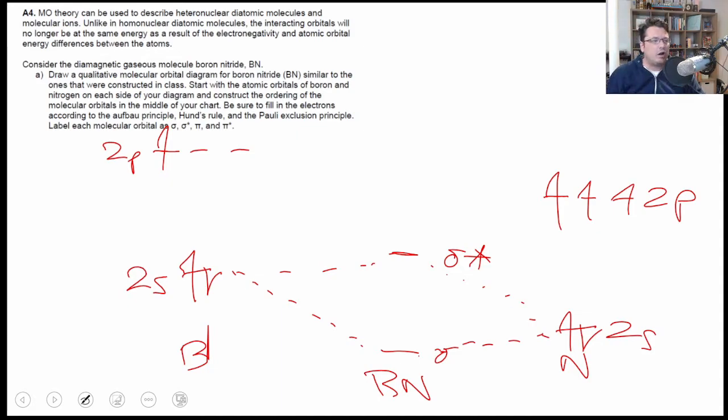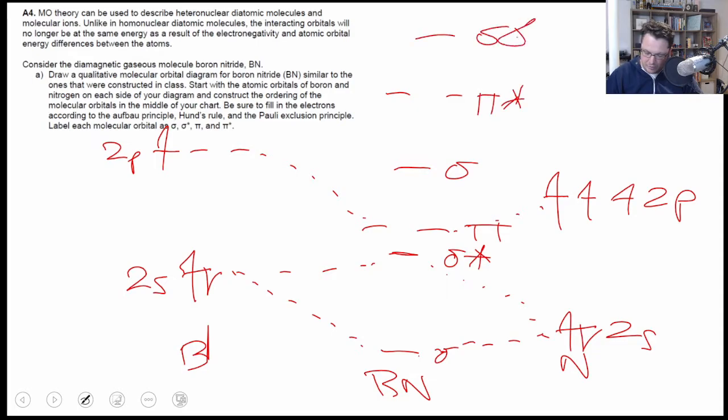A good rule of thumb is that if you have a heteronuclear diatomic, and one of the atoms is nitrogen or earlier, in that row of nitrogen and earlier, then the next set of orbitals are going to be the pi orbitals. So these are going to be the pi orbitals right here, and then you'll have your sigma bonding orbital in this case, and after that you're going to have your pi antibonding orbital. You'll have your sigma antibonding orbital up here.